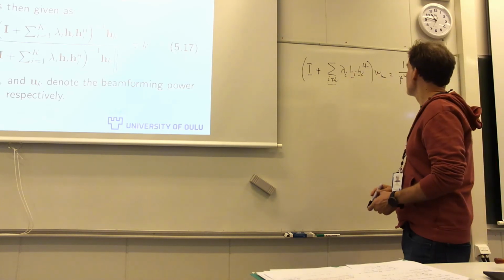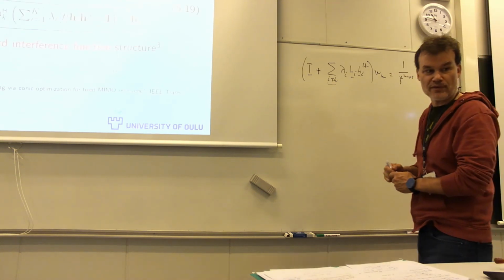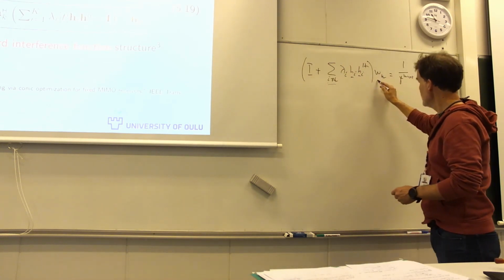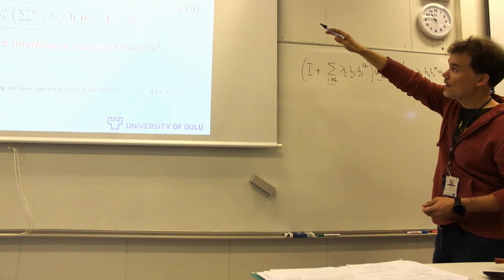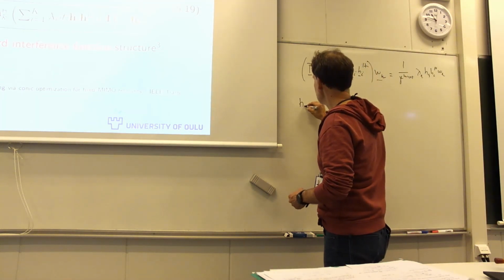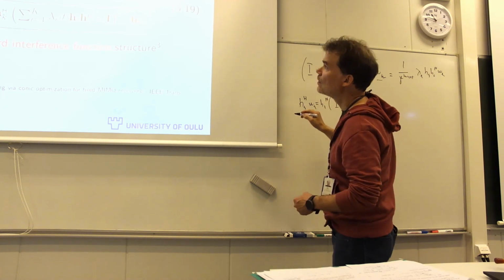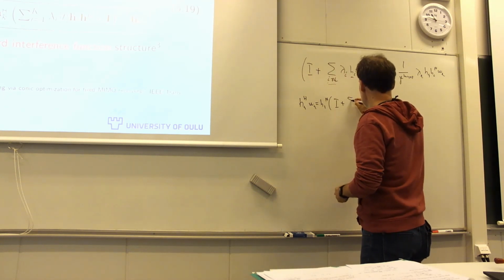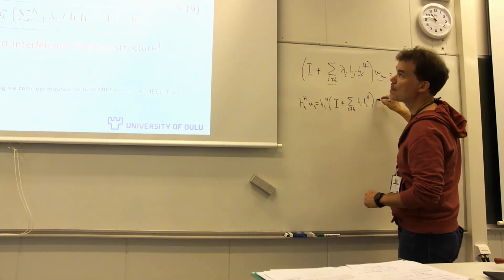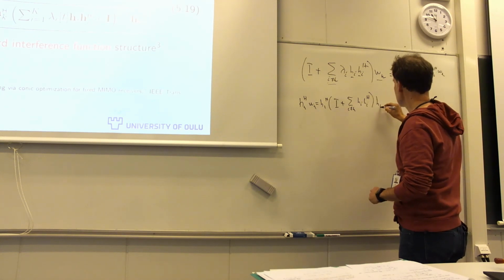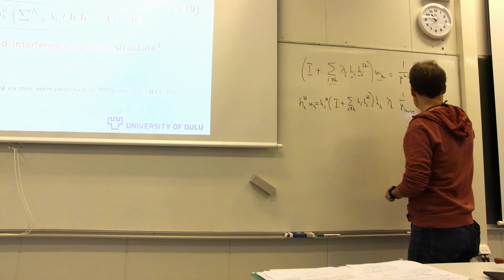We have equality. Okay. Now, if we plug that in there, that follows. And if we write the equivalent in matrix-vector form from this formulation in 5.18, what we get is h_k Hermitian w_k, h_k Hermitian, I plus the sum over i not equal to k of h_i Hermitian h_k, lambda_k times 1 over gamma target, h_k Hermitian w_k.